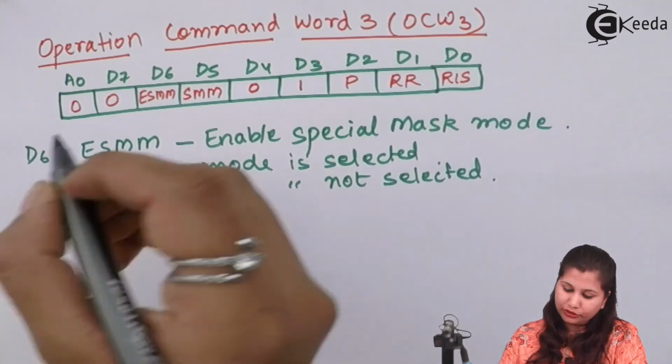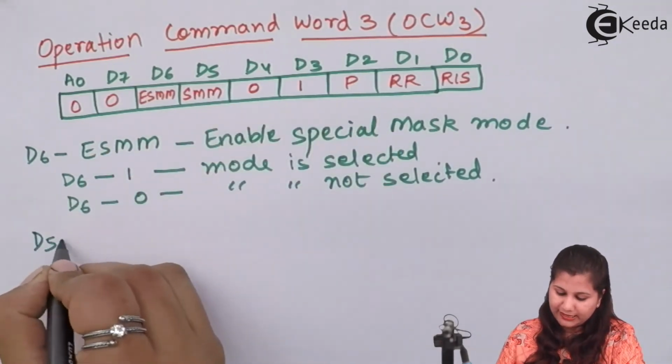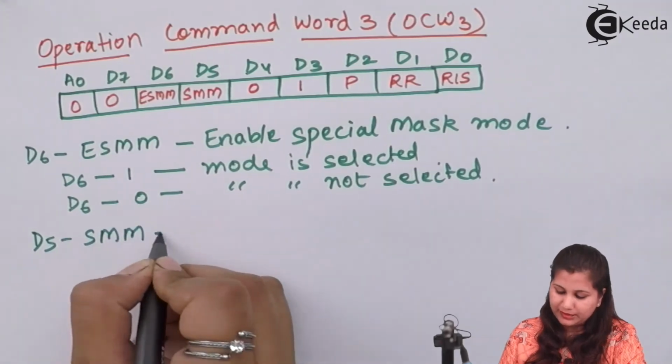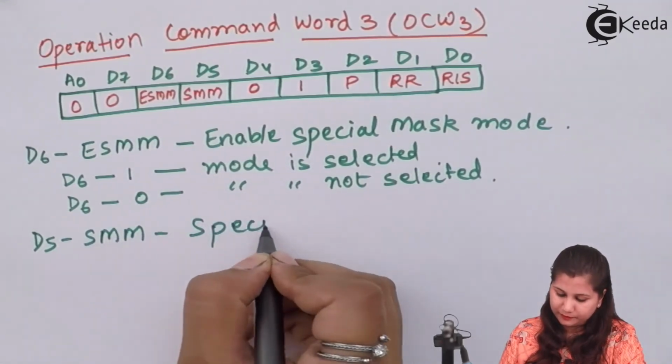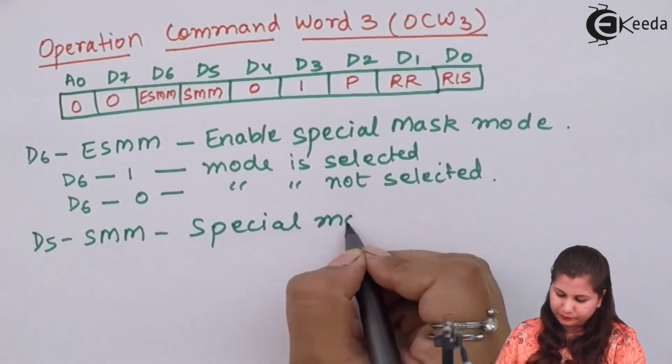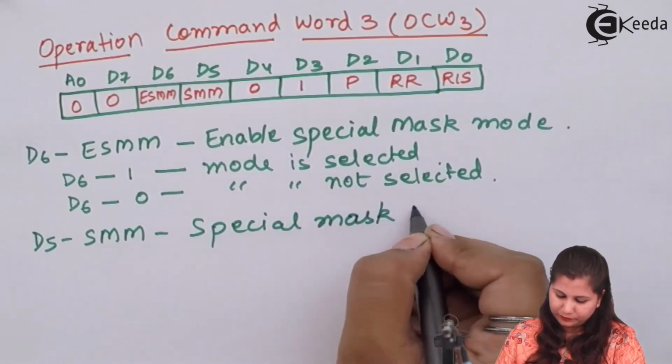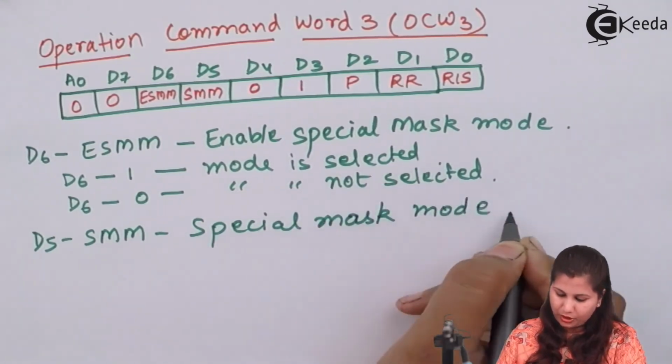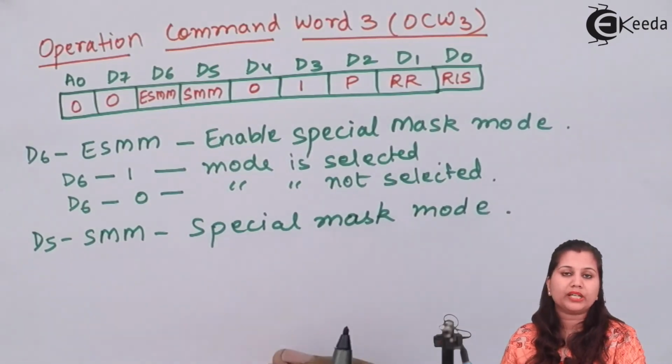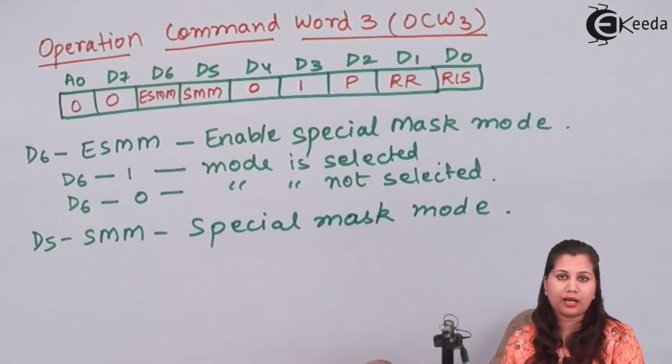Now let us come to the D5 bit, which is SMM, meaning special mask mode. This bit is used to enable or disable the special mask mode.